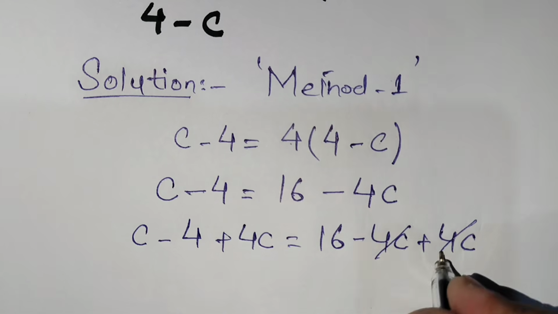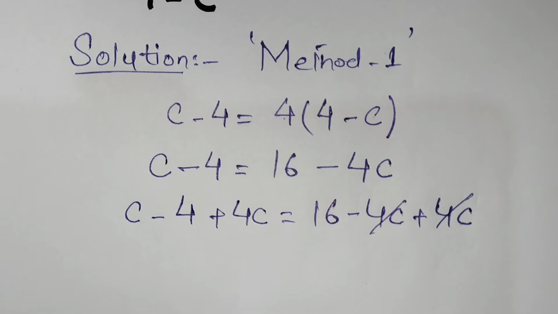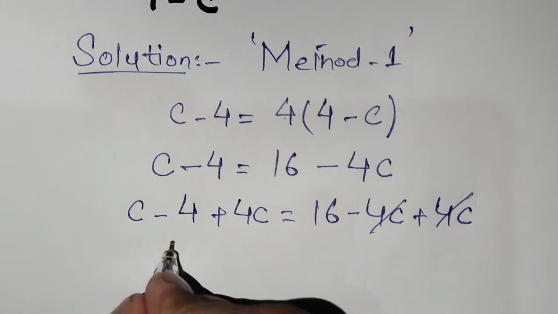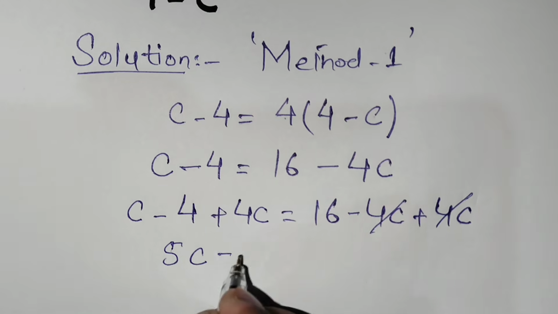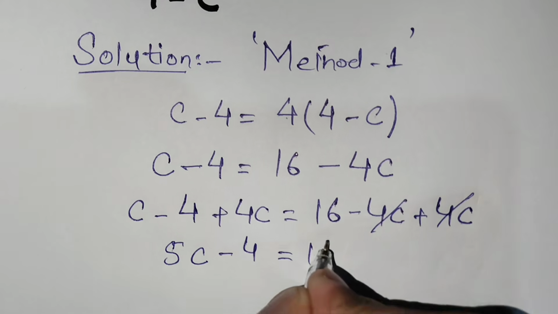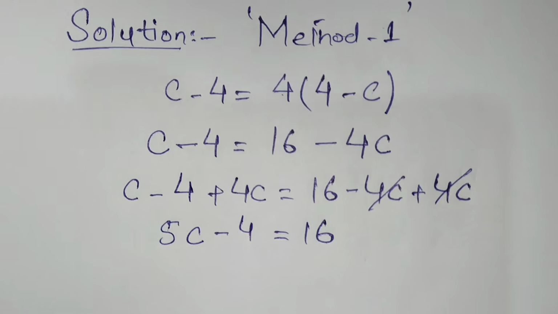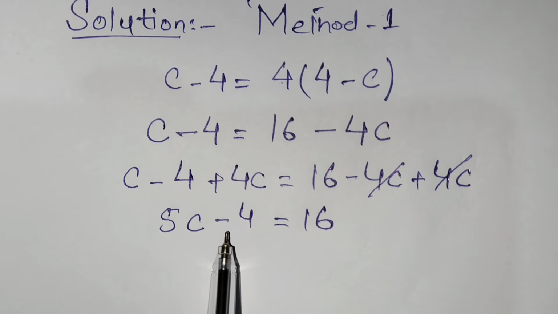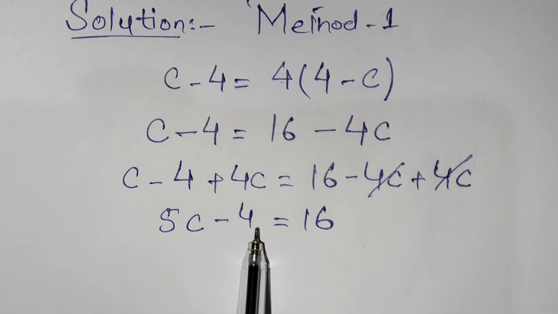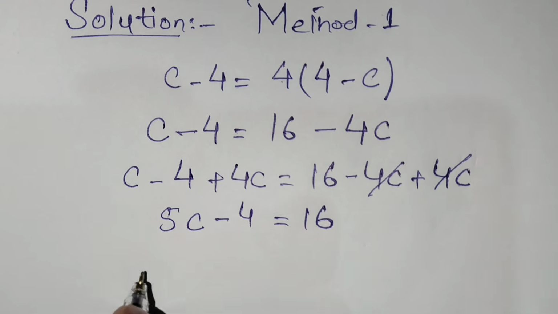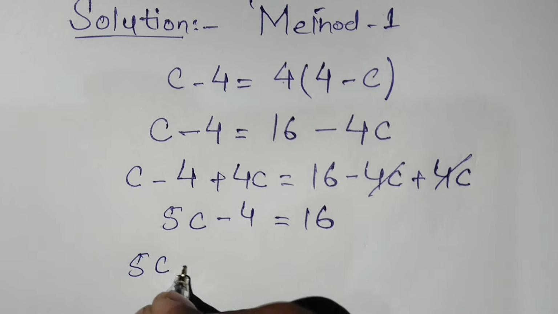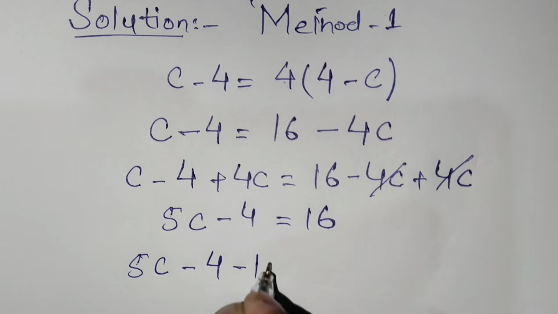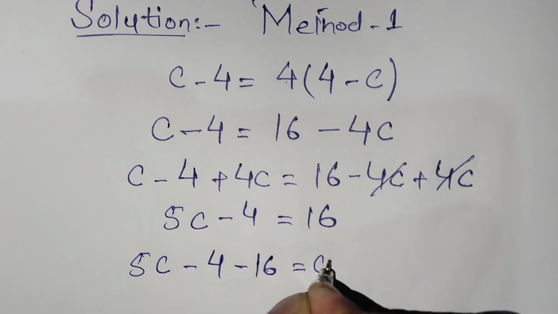Minus 4c cancelled with plus 4c. c plus 4c is 5c, minus 4 is equal to 16. Now we will move this 16 to the left hand side, so it is plus, it becomes minus 16, that is 5c minus 4 minus 16 is equal to 0.